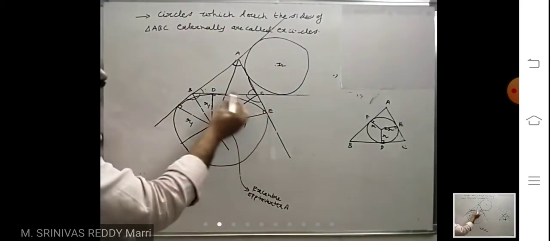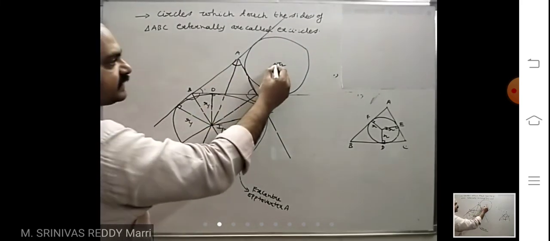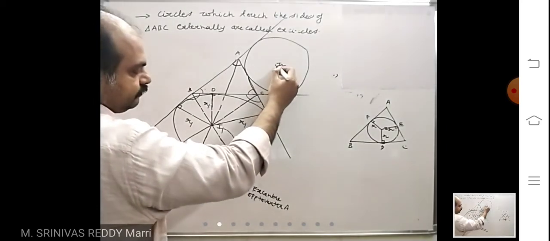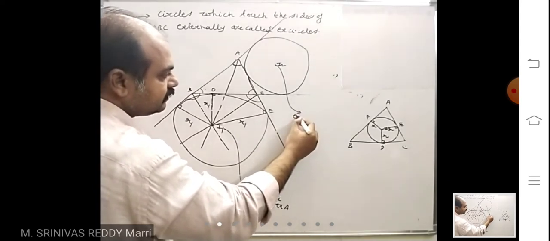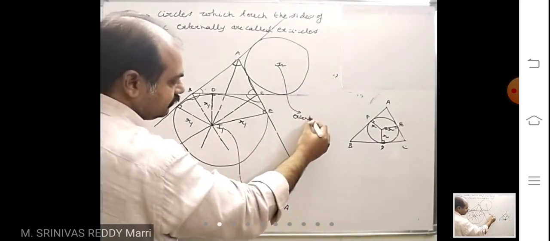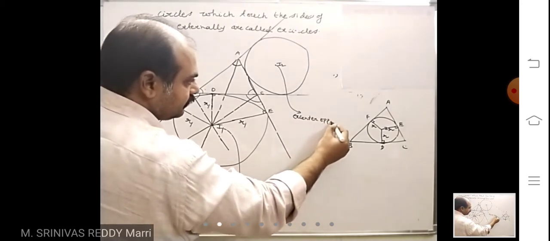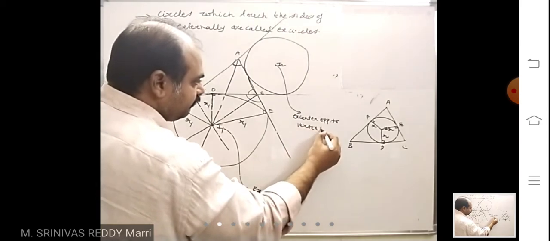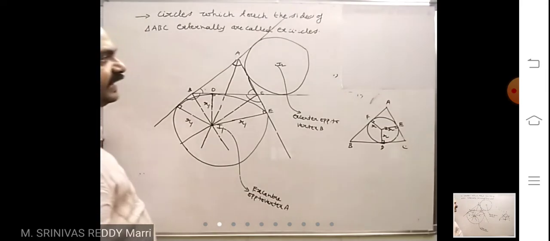This is also called an excircle, the excircle opposite to vertex B. This center is called the excenter opposite to vertex B. Here it is called the incenter. These are called excenters.